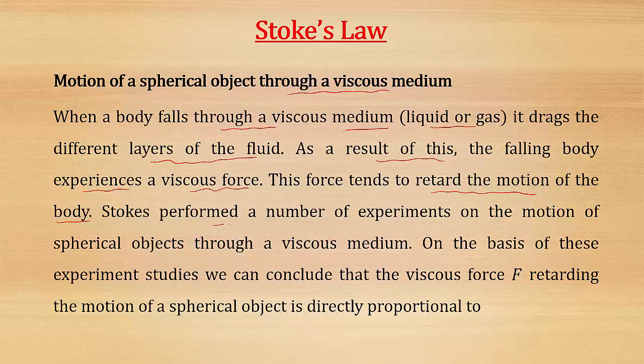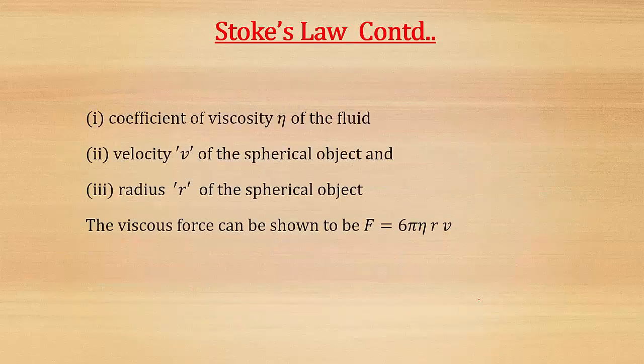And then Stoke performed a number of experiments on the motion of spherical objects through the viscous medium. On the basis of these experimental studies, we can conclude that the viscous force, the retarding force on the motion of a spherical object, is directly proportional to 3 points.